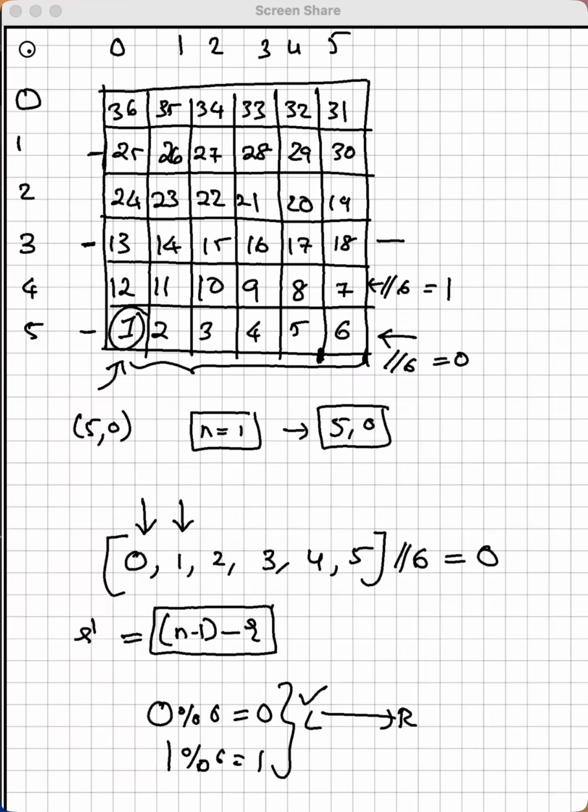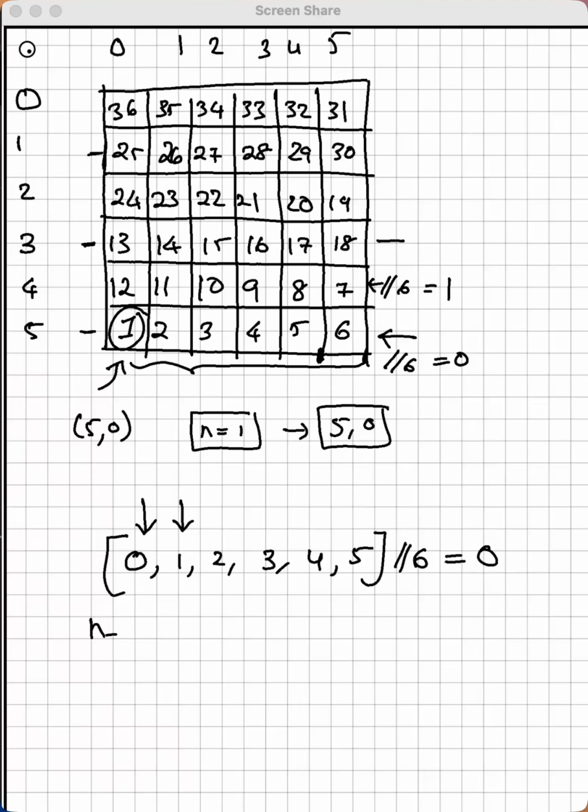What happens in the other case? Let's take the example of node ID 10. First of all, let me quickly erase this and compute both R and column.